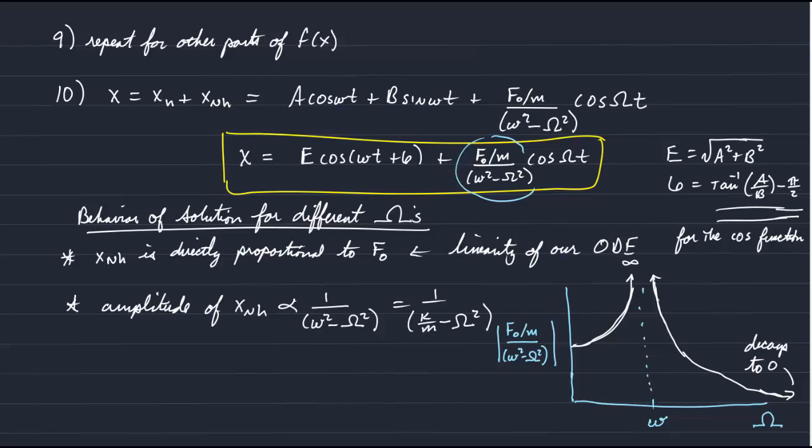So let's look at the case when little omega is equal to big omega, or I should say, when we set our driving frequency equal to the natural frequency. And this is the situation where we have resonance.